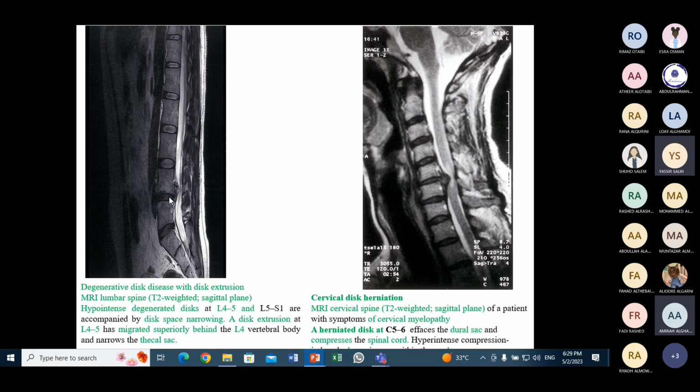What is the number of this vertebral body? This is the last one, so this is number 5. Yes, this is 4 and this is 5. What is this disc space between which vertebral bodies?